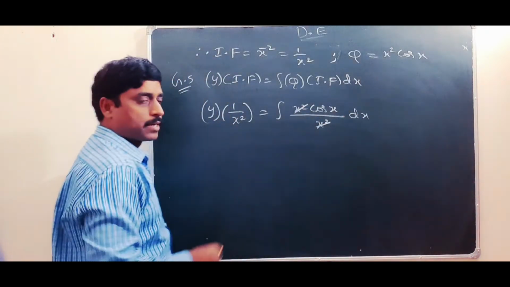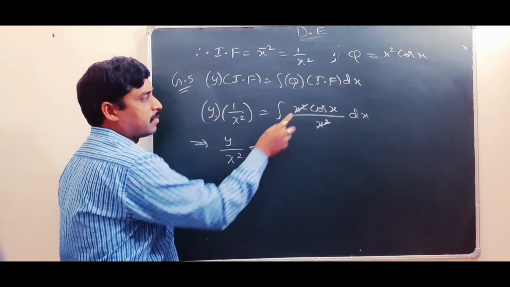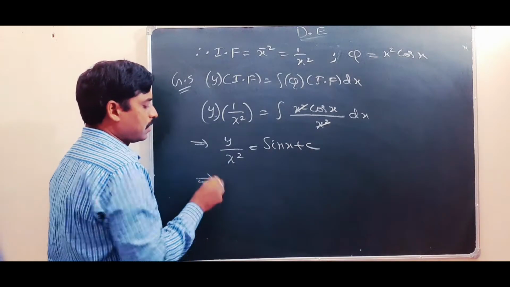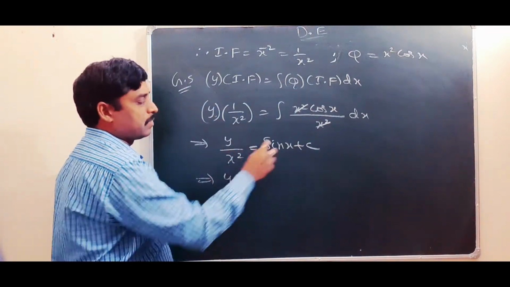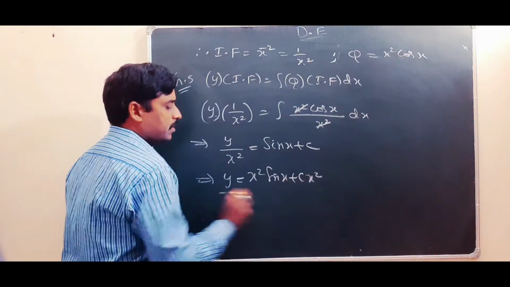In this, x square gets cancelled. Now it will be y by x square is equal to integral cos x, which is sin x plus c. So let us do cross multiplication. y is equal to x square sin x plus c x square. This is the answer.